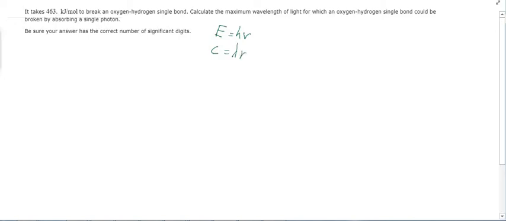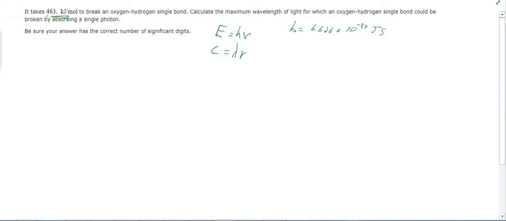We know that Planck's constant equals 6.626 times 10 to the minus 34th joule seconds, which are the units we're going to use. And then we're also given 463 kilojoules per mole.